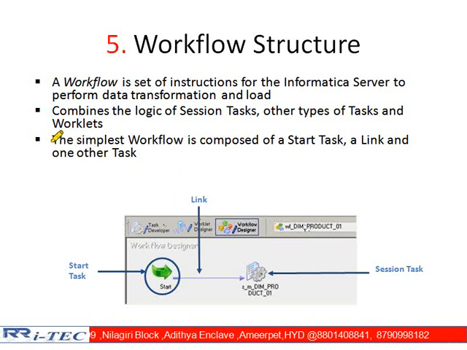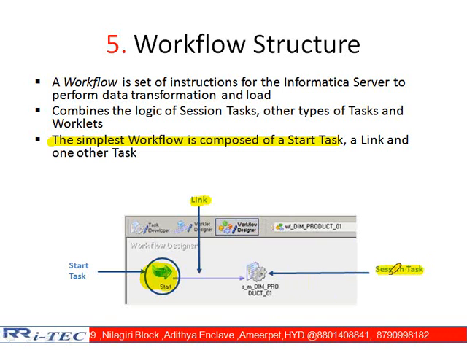The simplest workflow is composed of a start task. This is called your start task. A link task, this line whatever you are seeing is called a link task. And other tasks, another one task, which may be a session task, an email task, or a command task. Any one task is required. In my example, we have taken a session task.